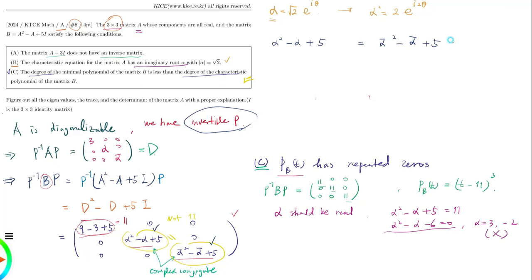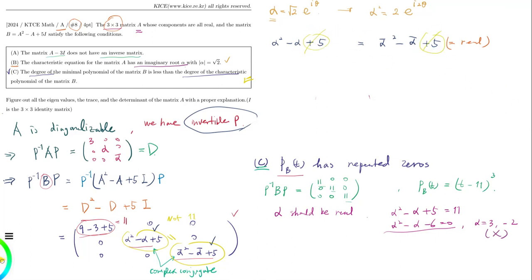So that means it should be real valued. Okay. And then I can rewrite it as the 5s are cancelled out.